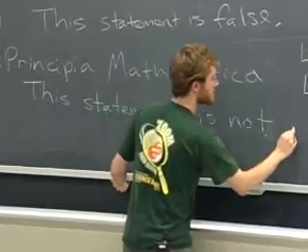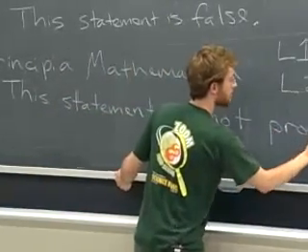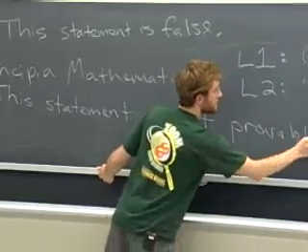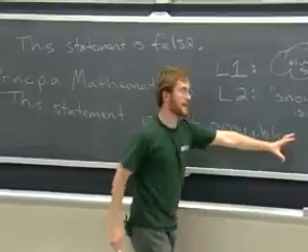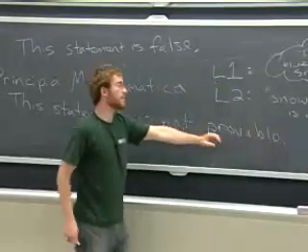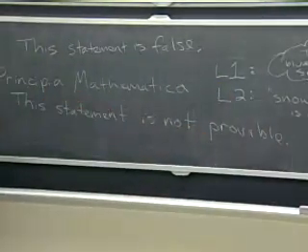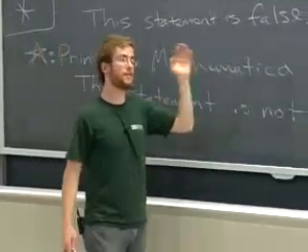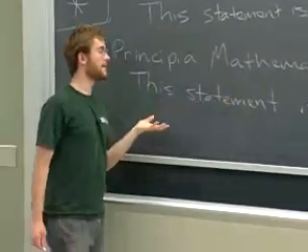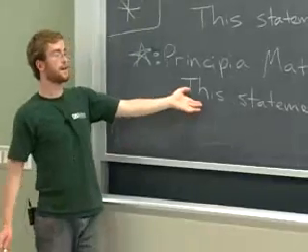This statement is not provable. And we can specify in what system. One of the things we'll talk about is in PM, which means Principia Mathematica. But we could say this statement is not provable in number theory. But the bottom line is, what does this statement say?